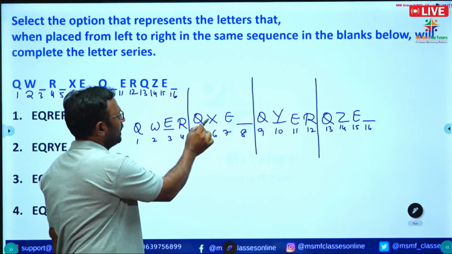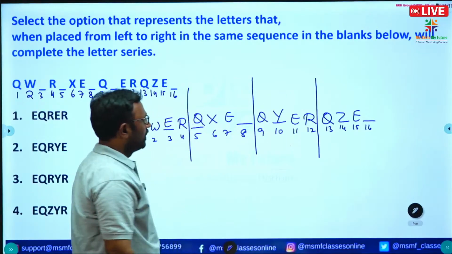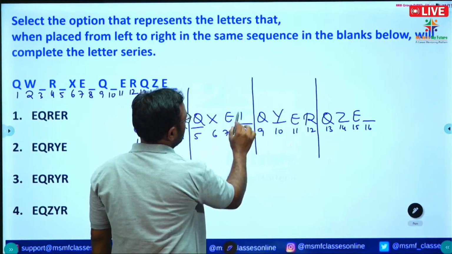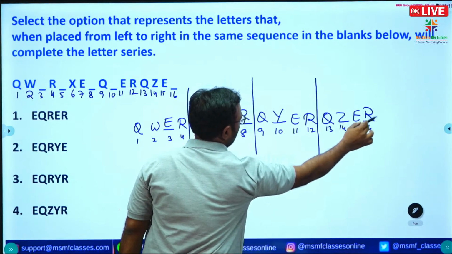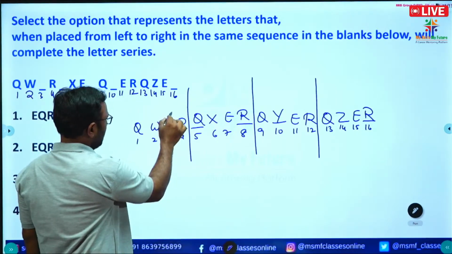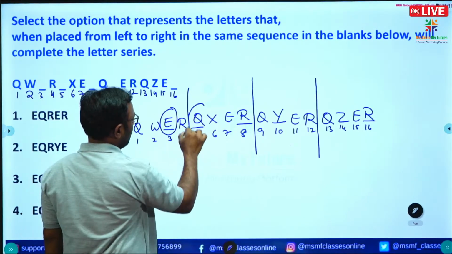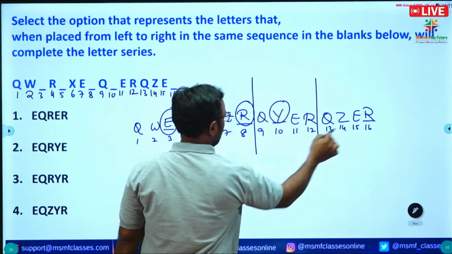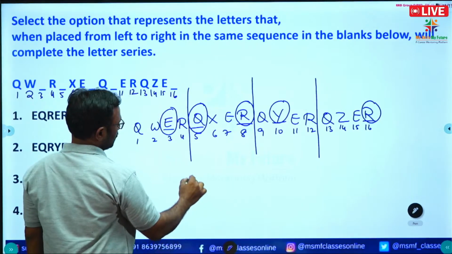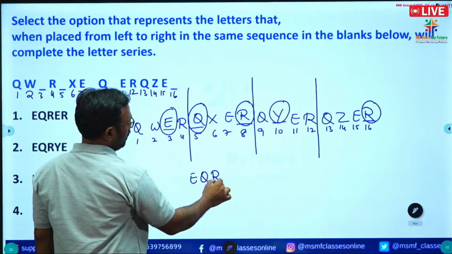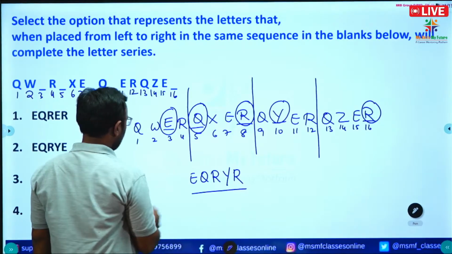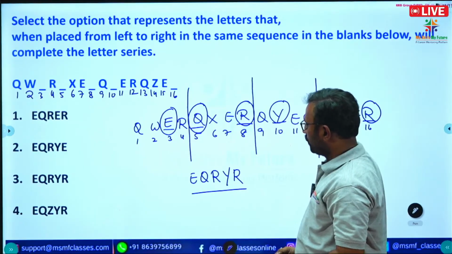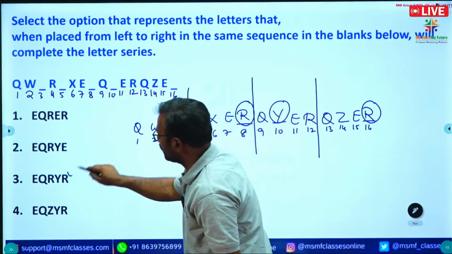What about the fourth letter? Here R is there, here R is there, no change in that R. So the answer is E, Q, R, Y, R. Option 3 is correct.